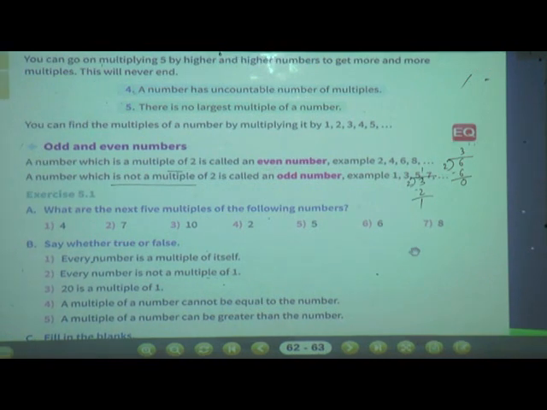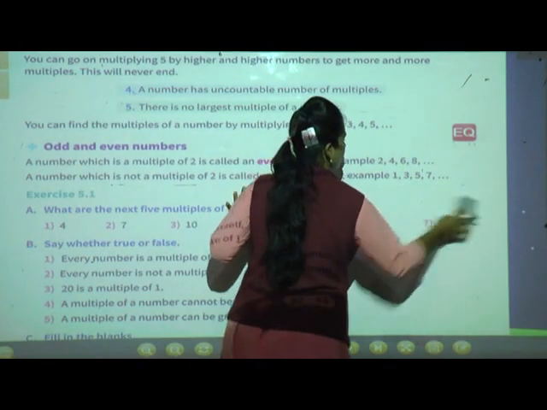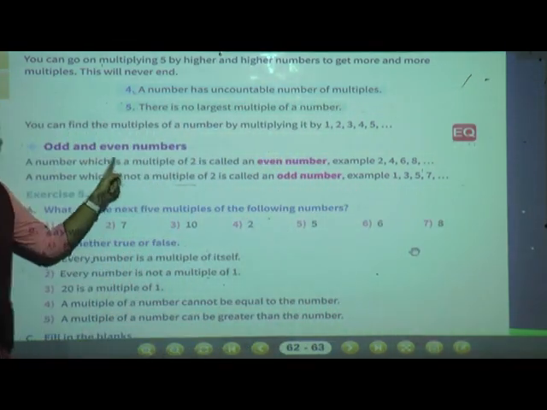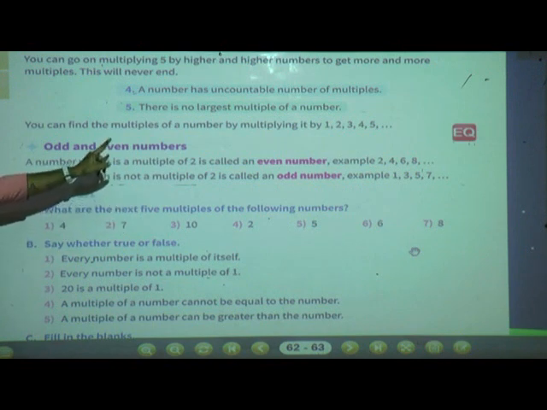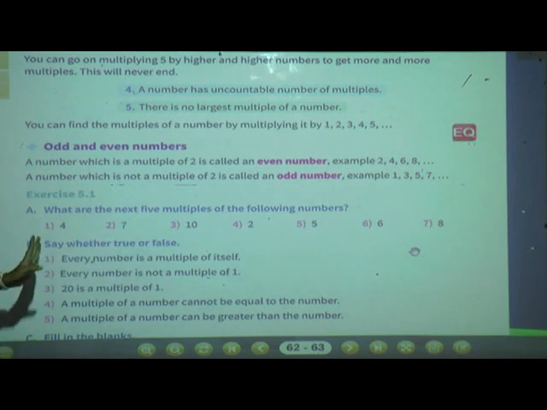Are you getting? Yes, you have studied about odd and even. So just keep in your mind, even means which we can multiply with the 2 table, and odd number means which we cannot multiply with the 2 table. Very simple. Clear?